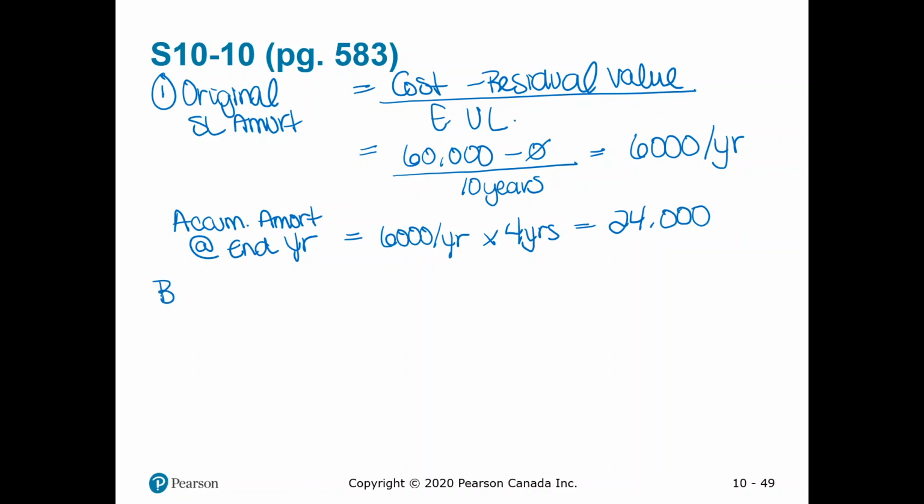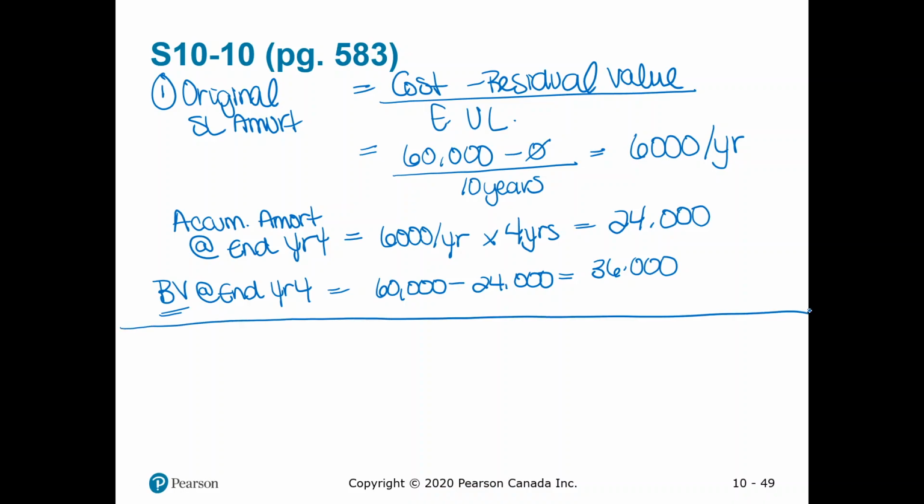So our book value at the end of year 4 is equal to our cost minus accumulated amortization. So $60,000 minus $24,000, and that equals $36,000. So that's our current book value. So basically, when you have a change in estimate, that's where you start. You figure out, where am I at right now? And then you use that information and adjust for any changes that you had.